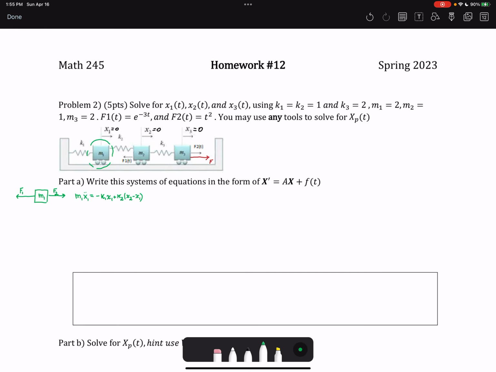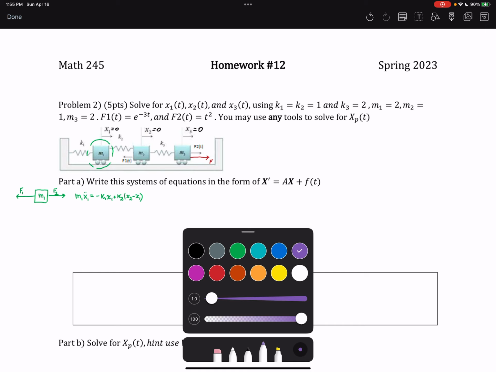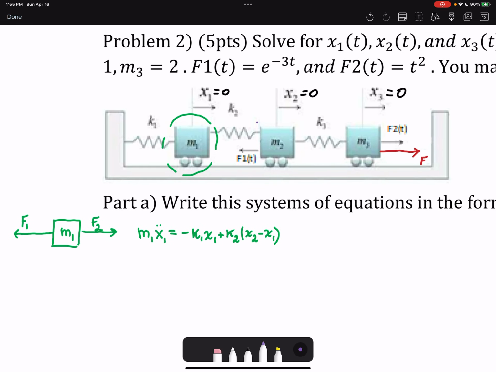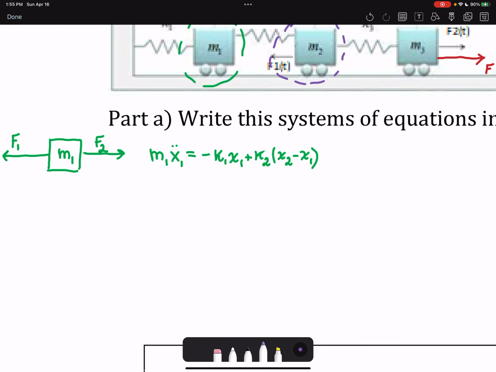And now let's look at the second one. So let's say I look at this block now, and I'm only going to look at the horizontal forces.